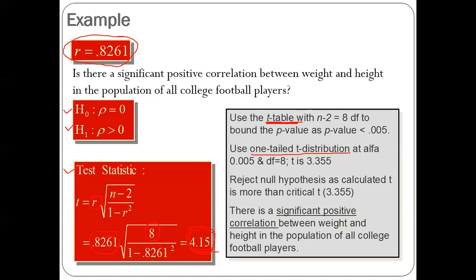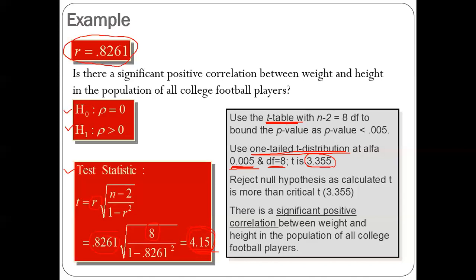So in this example, they want you to use the one-tailed t distribution value at alpha 0.005. So you refer to the t distribution table for the one-tailed distribution, where alpha is 0.005 and df is 8. You will get the critical value of t, which is 3.355.